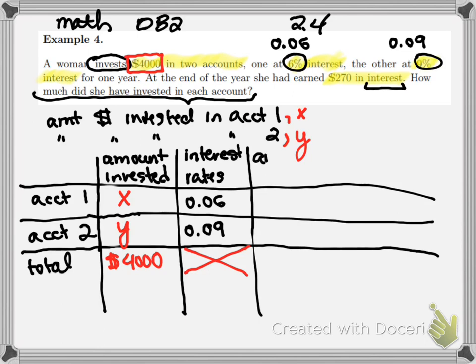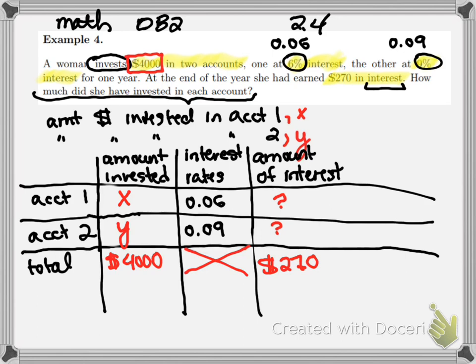So I'm going to write amount of interest. You might notice they don't tell us how much money was in account 1 or account 2. All they tell us is the 270, and the implication here is that that is the total amount of interest gained from both accounts.